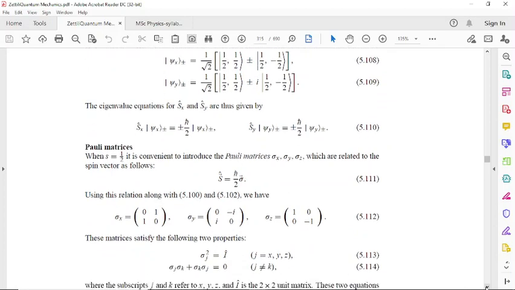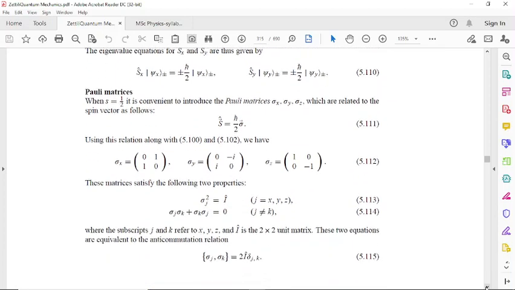Then Pauli matrices. When S equals 1 by 2, it is convenient to introduce the Pauli matrices sigma x, sigma y, sigma z, which are related to the spin vector as follows: S equal to h cross by 2 sigma, where sigma x is equal to 0 1, 1 0, sigma y is 0 minus i, i 0, sigma z equal to 1 0, 0 minus 1.